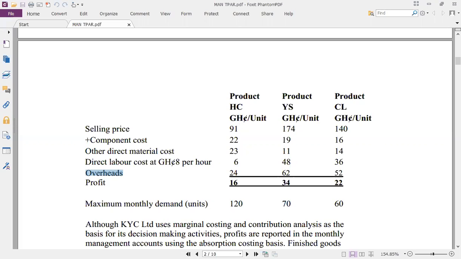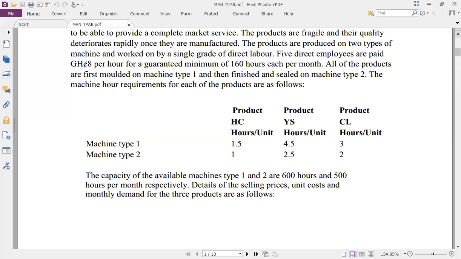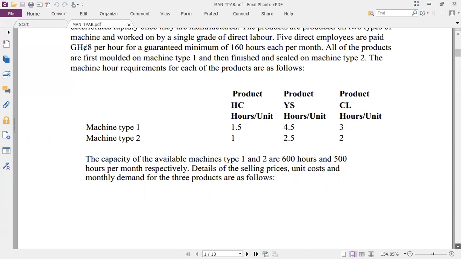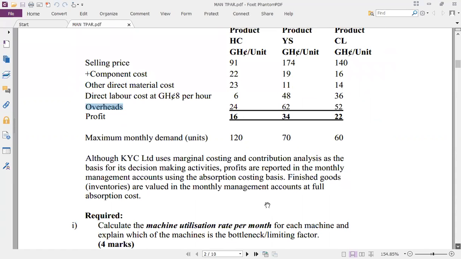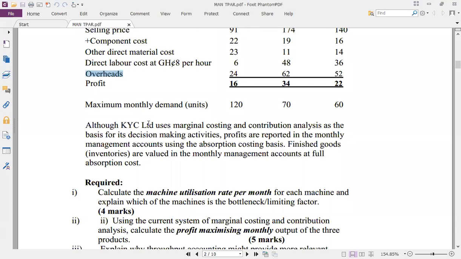Now, we're told that although the company uses marginal costing and contribution analysis as the management account, what they prepared here is the management account. This one is the management account. Great.